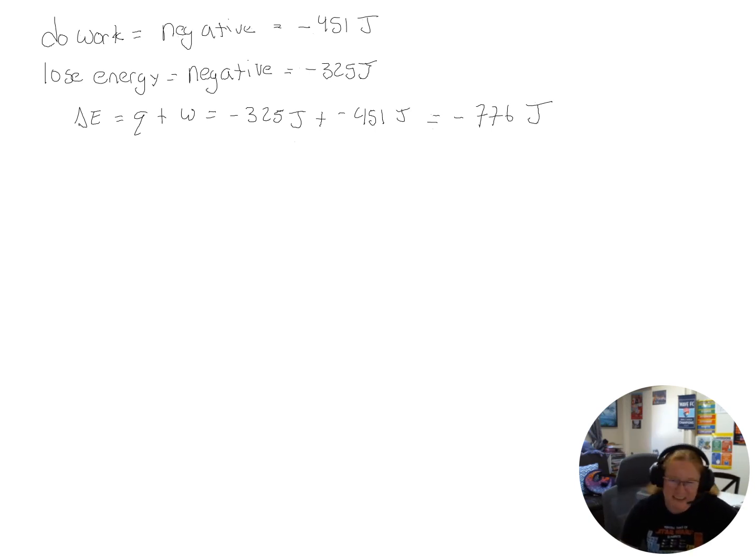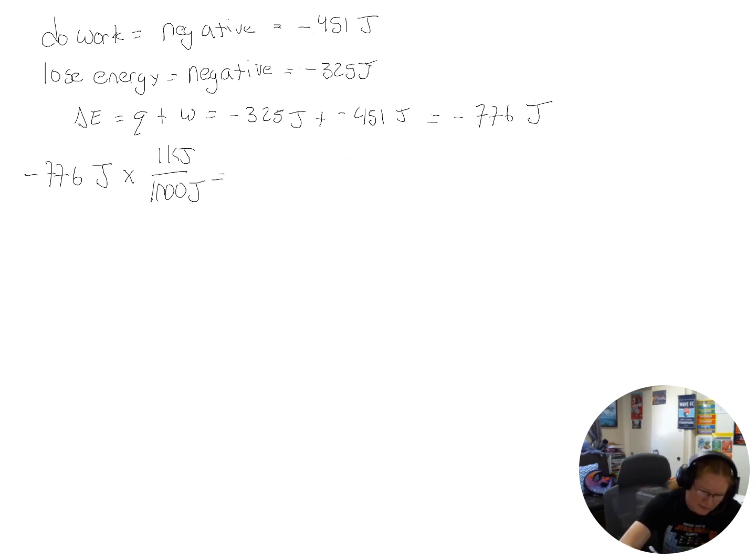All right, we also wanted kilojoules and kilocalories. So we're going to take our negative 776 joules. We get a kilojoule for every 1,000 joules, and so we get negative 0.776 kilojoules. All right, 1 kilocalorie, as shown in an earlier slide, is equal to 4,184 joules.